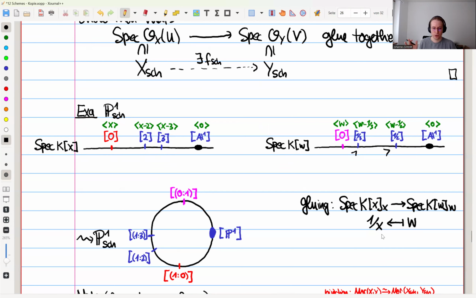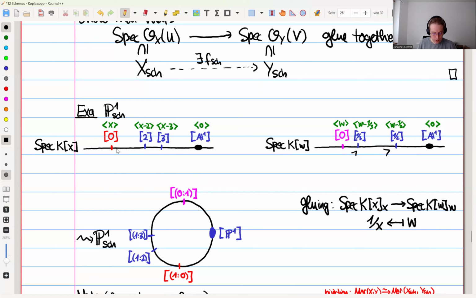So somehow you glue basically something here to, sorry, I guess this should be, yeah, exactly. So this is a generator of this, and you send this generator to this generator 1 over X on this side. Okay. And then what does this do on the level of varieties? We understand pretty well what it does there. So what does it do on the level of schemes?